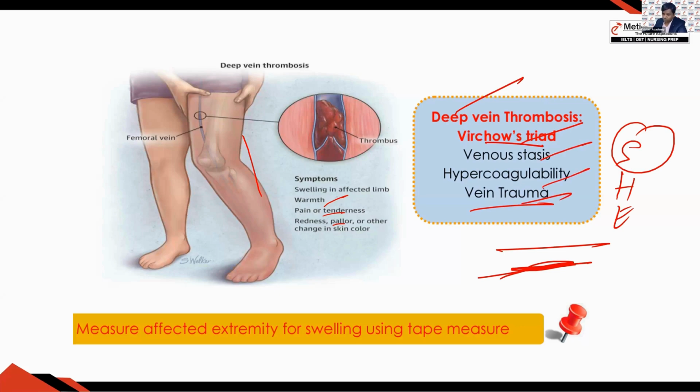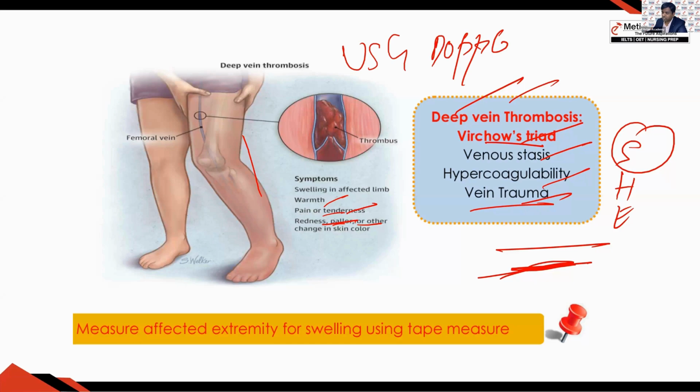That is Virchow's triad, which is very important and is seen in DVT. DVT is mostly confirmed by USG Doppler, where the patient has sudden onset of pain and tenderness with redness, pallor, swelling and edema.